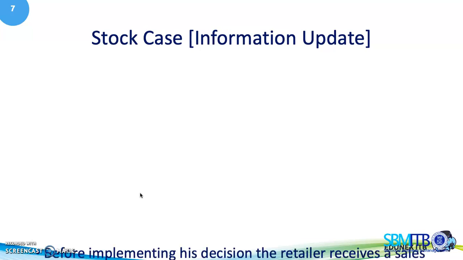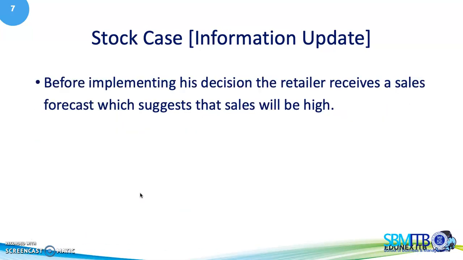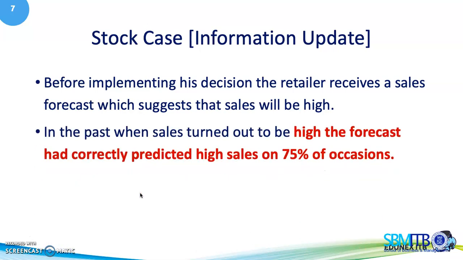In case that you have the new information or the information update, then you as a decision maker here receive the sales forecast, which suggests that the sales will be high. In the past, when the sales turned out to be high, the forecast had correctly predicted high sales on 75% of the occasions.